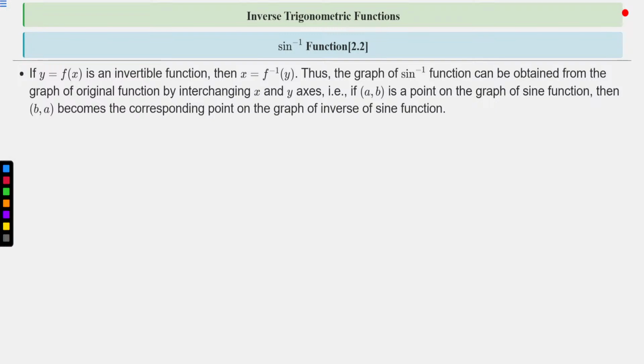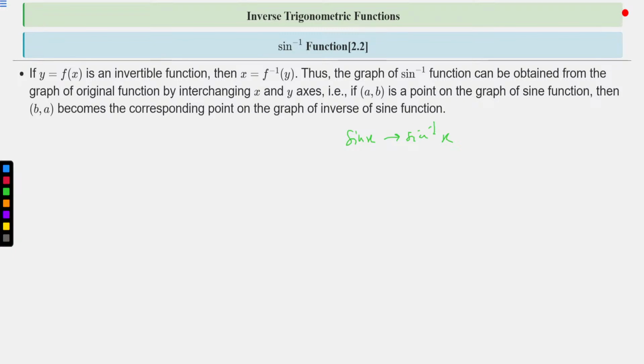If (a, b) is a point on the graph of the sine function, then (b, a) will be the corresponding point on the graph of sine inverse, because sine x and sine inverse x are inverses of each other.